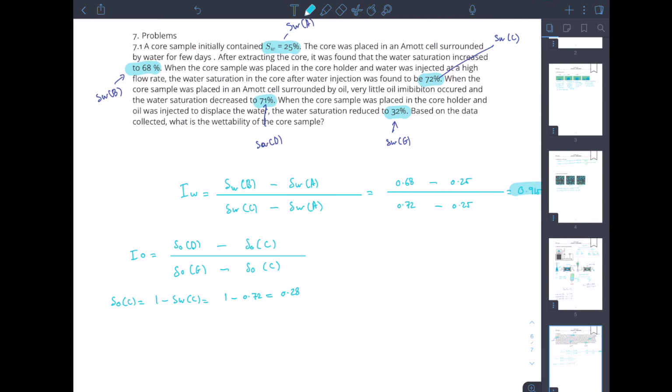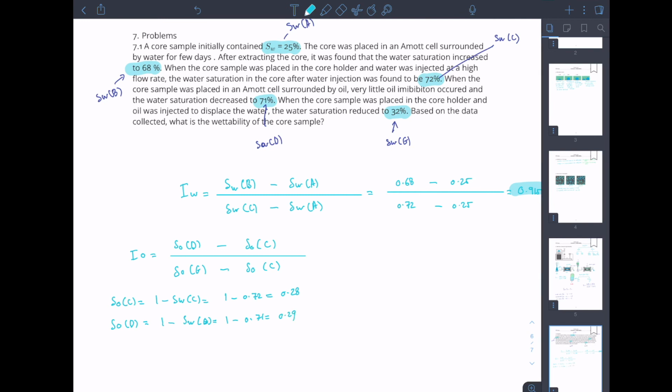The second point, SO at point D, equals 1 minus SW at point D, which equals 1 minus 0.71, which equals 0.29.